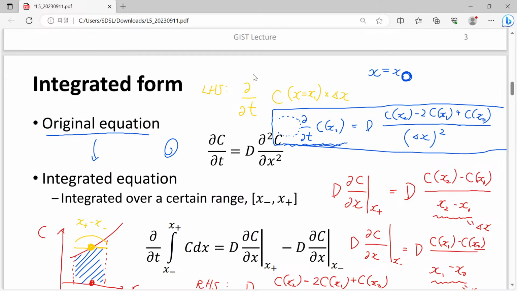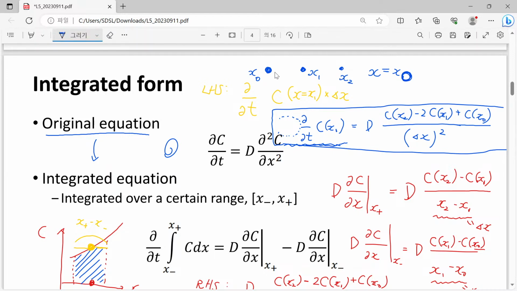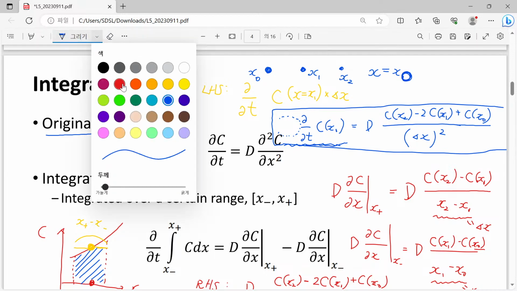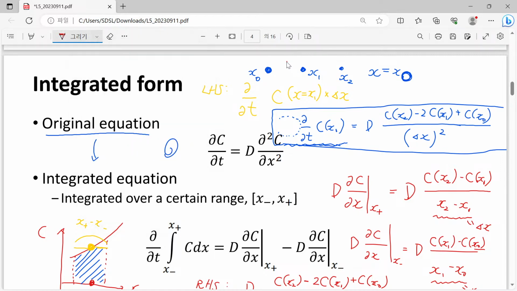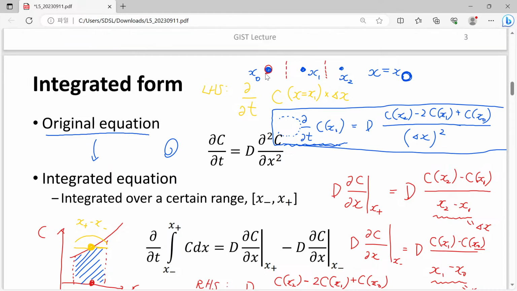We have the leftmost point called x0, and here we have the right points x1 and x2. Previously, when we considered x1 as a center point, it was quite easy, taking the midpoints for the surrounding two points. But in this case, if we have to consider integration for x0, what is your suggestion about the integration range?